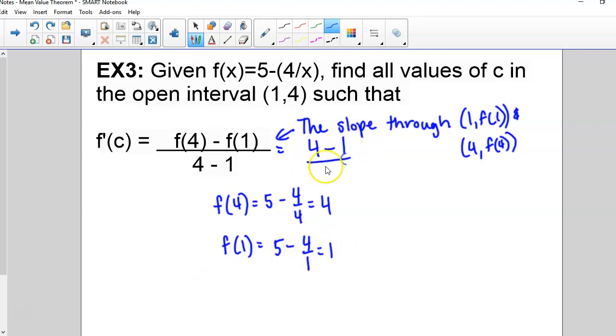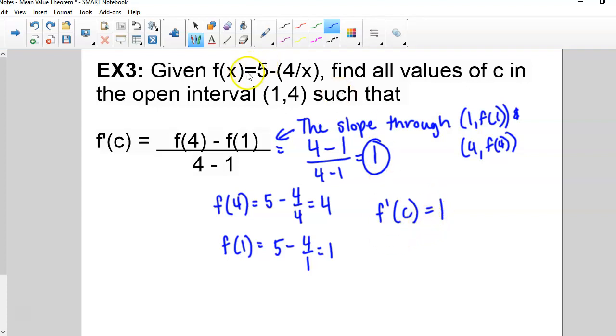So we'd have 4 minus 1 over 4 minus 1, and we'd end up with 1 as our slope right there. So we want to know where f prime of c equals 1 now.